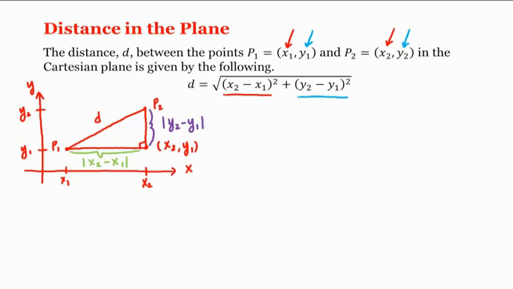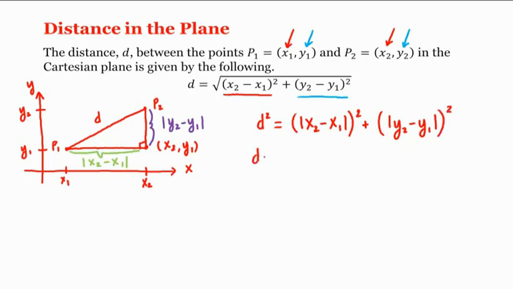And therefore, by the Pythagorean theorem, we have that the hypotenuse squared, or d squared, is equal to the absolute value of x2 minus x1 squared, and then plus the absolute value of y2 minus y1 squared.